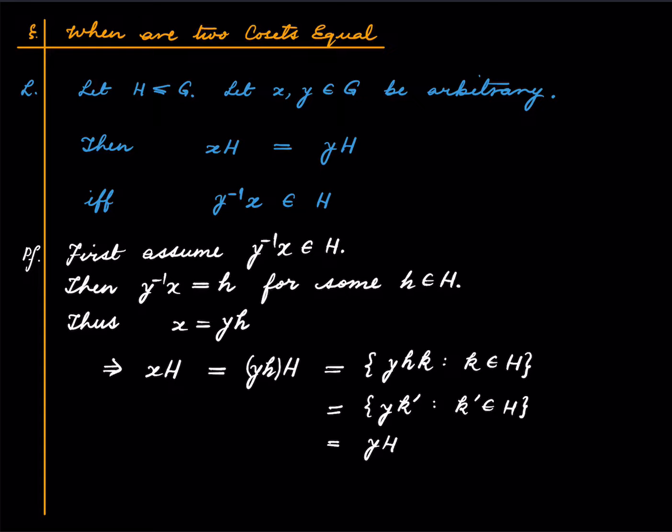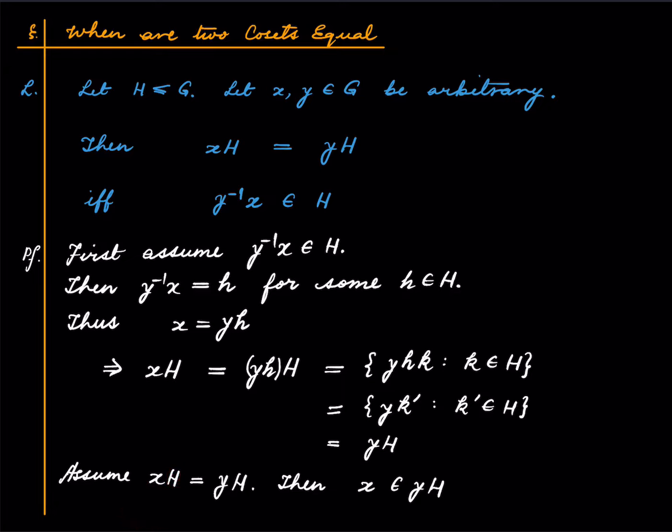So now for the other direction, assume xH equals yH. Then in particular we have x in yH. Why? Because x is here. H is a subgroup, it contains the identity. So x times identity is here, but x times identity is x.